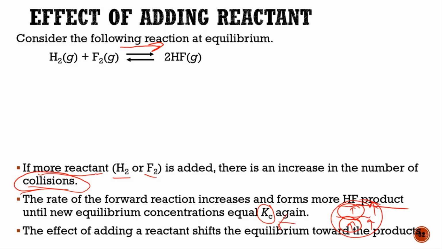The only way I can make more product is if my forward reaction goes up. It's like the club: if I can only fit 250 people, I need to get 50 people out quick, so in that example the reverse reaction would happen faster. Here, it's the forward. A lot of students do not like this concept. They hate it. I don't know why.